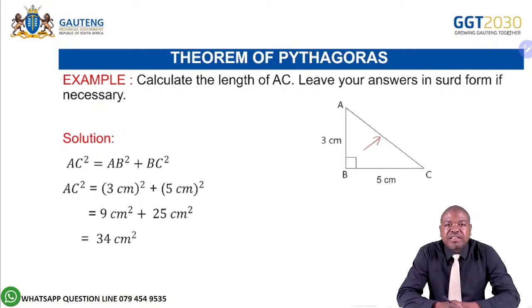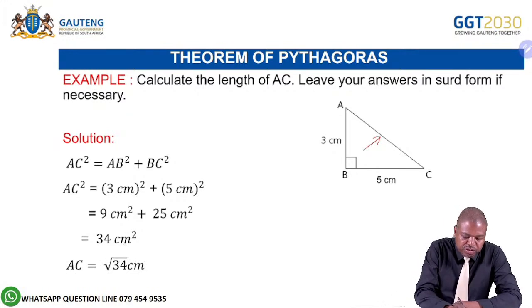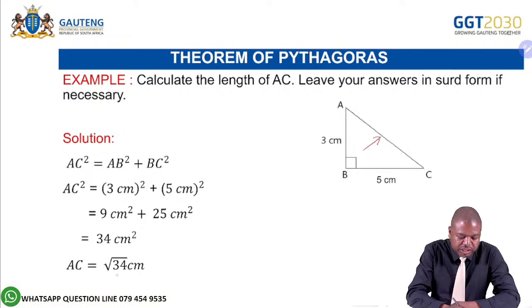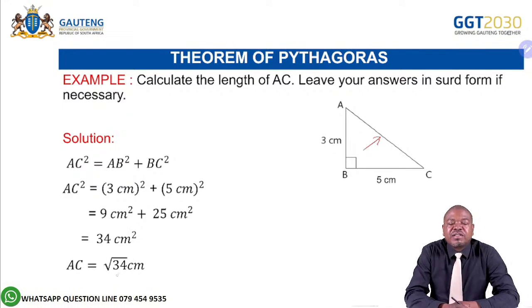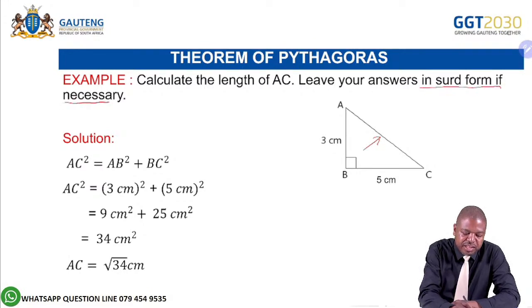And for us to find the value of AC, we need to find the square root of 34, right? We found the square root of centimeter squared. The square root of centimeter squared is centimeters, and the square root of 34. Can we easily simplify that? No, we can't. So we will leave our answer in surd form.